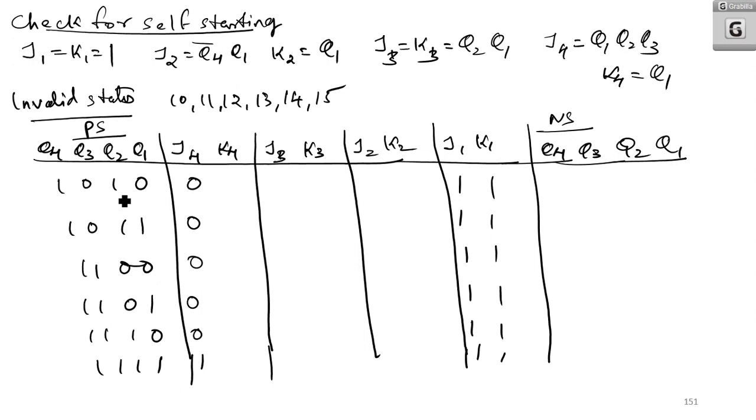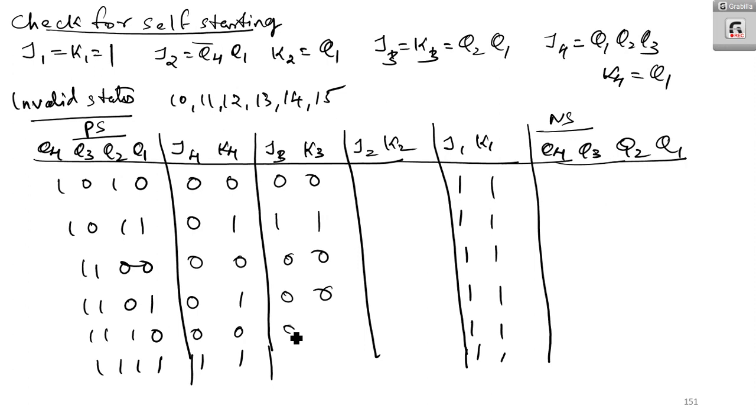What is K4? K4 is Q1, so it is 0, 1, 0, 1, 0, 1. Now coming to J3, K3. J3 and K3 are Q2, Q1, so it is 0, 0, 1, 1, 0, 0.